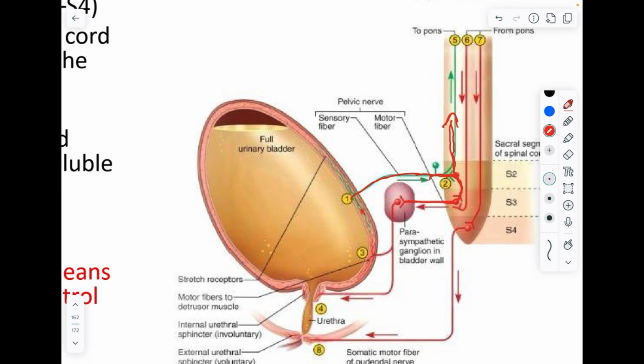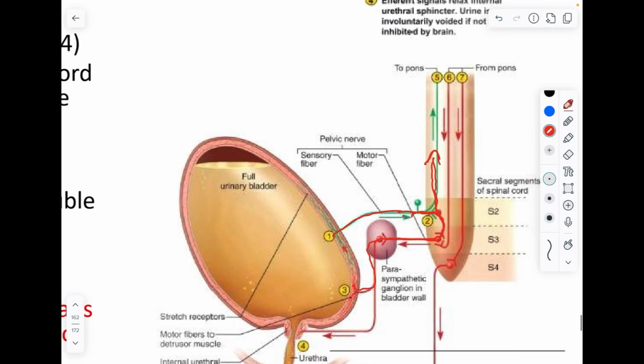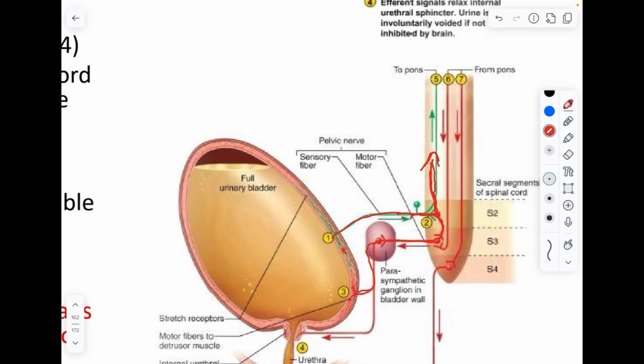So now we reach the spinal cord. The spinal cord goes to the parasympathetic pathway and tells it to start urinating. If you have the pathway going up to the brain, where in the brain, by the way? It's the pons. It goes to the micturition center in the pons, telling it, okay, we might need to urinate.